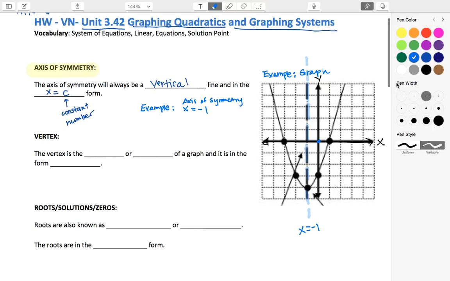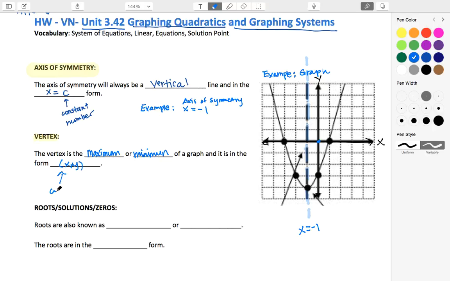Okay, next vocabulary word is our vertex. Now, our vertex is a little bit different than the axis of symmetry. The vertex is either the maximum or minimum of the graph, and it's usually in the form of a coordinate point, usually an x and y coordinate point.